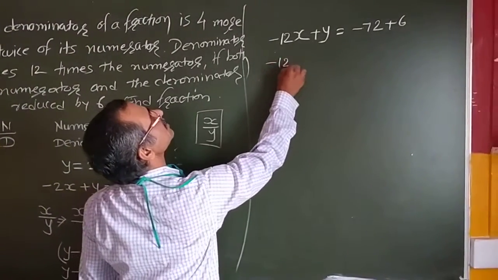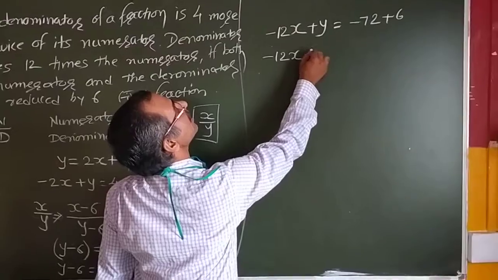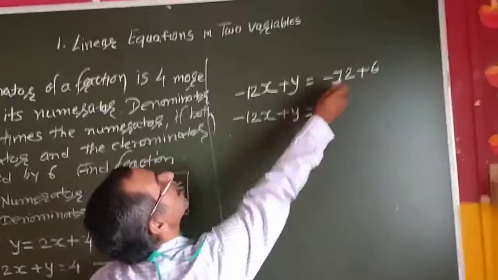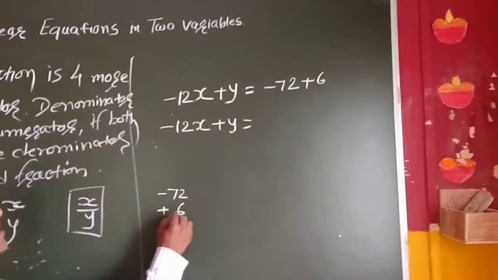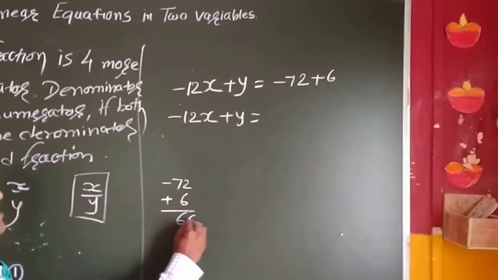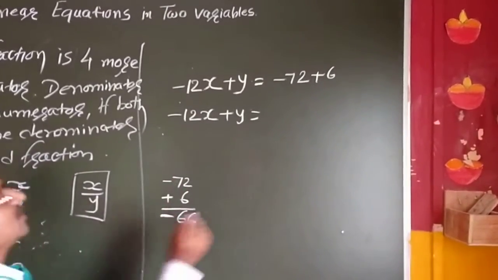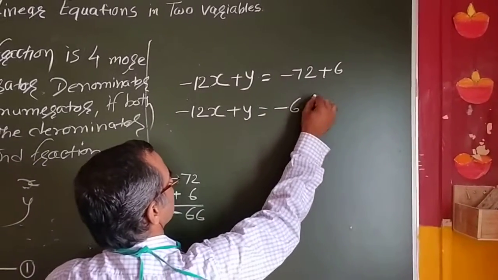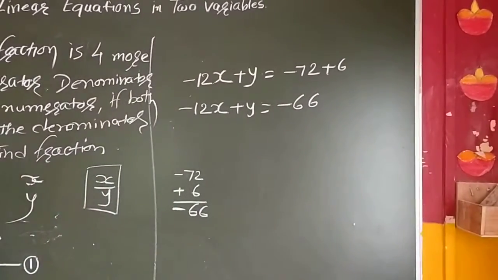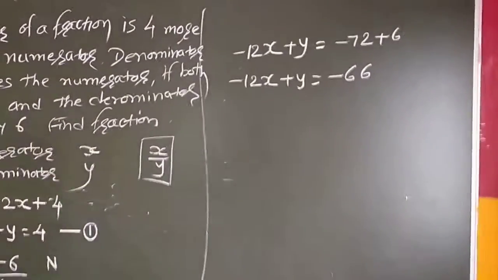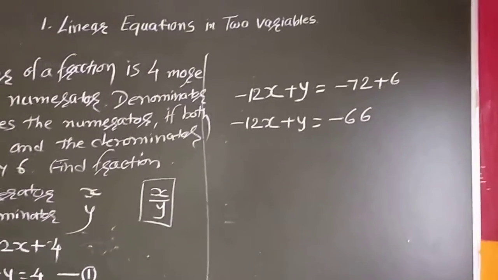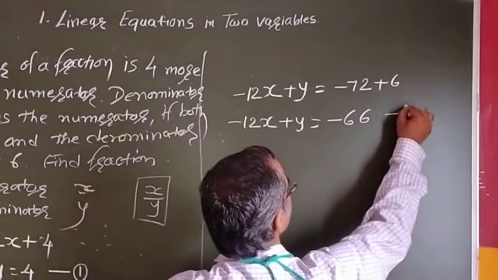Then minus 12x remains, plus y remains, minus 72 plus 6. Here we take the subtraction: 66, and the sign of the bigger number is minus, minus 66. Then we get equation number 2.